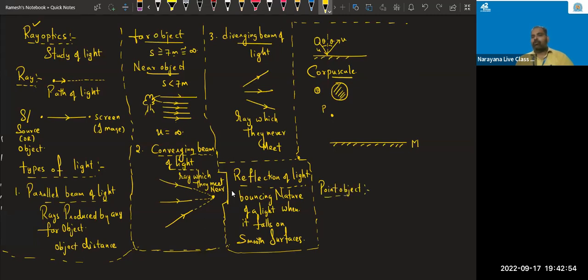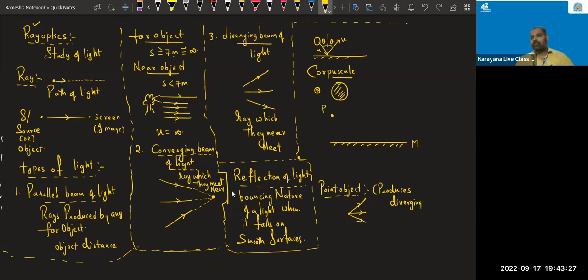Right now, you are watching me, and I look like a point from a far distance. But here, point object means it will produce only diverging beam. A point object always produces a diverging beam.